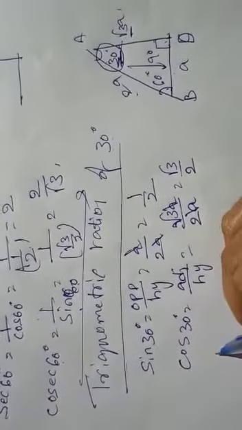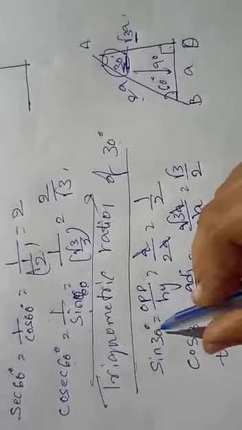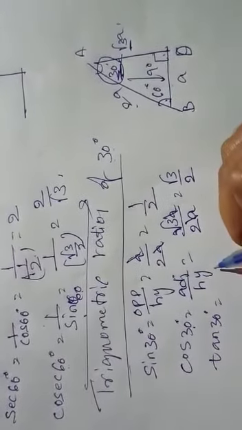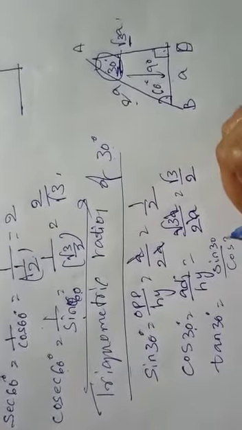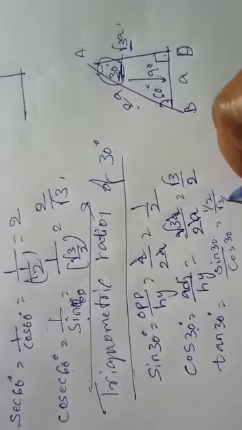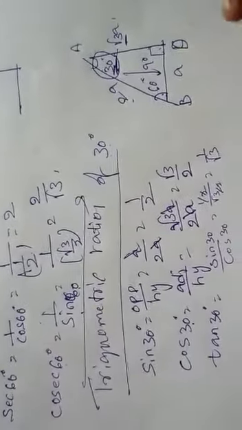Next, tan 30 degrees. Sin 30 by cos 30, 1 by 2 by root 3 by 2. The 2 gets cancelled, which equals 1 by root 3.